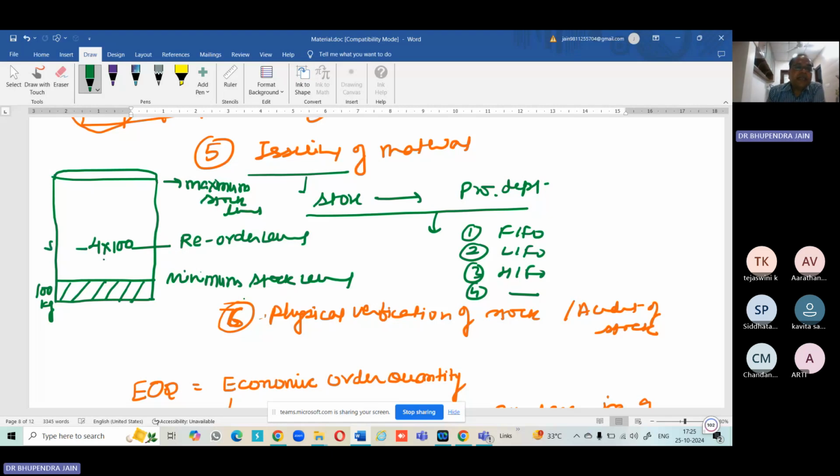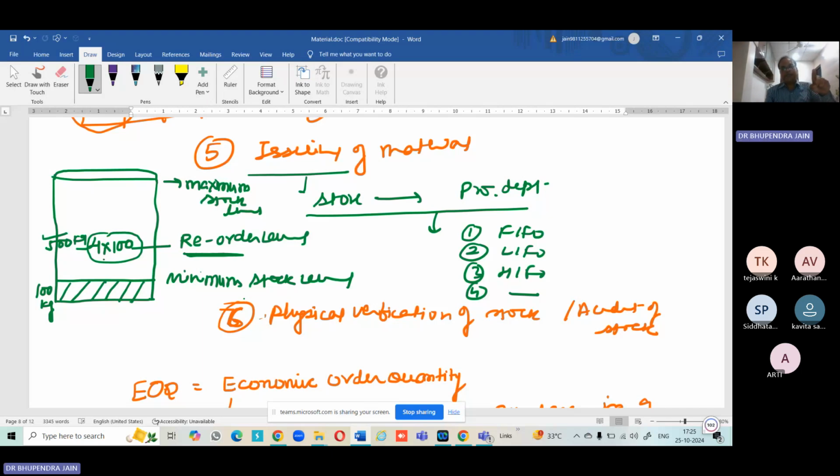That means at the level of 500 kg you have to place the order, because in 4 days you will consume only 400, and you need to maintain 100 kg as the minimum level. So at the level of 500 you have to place the reorder. This is called the reorder level.